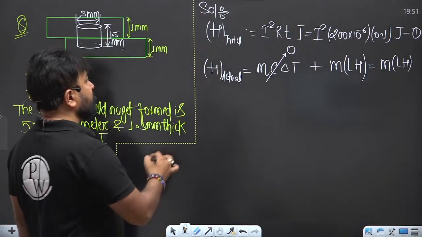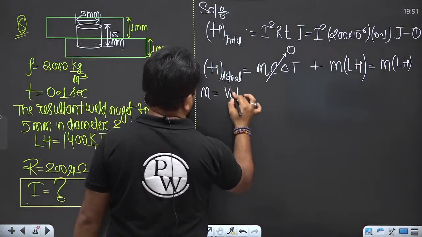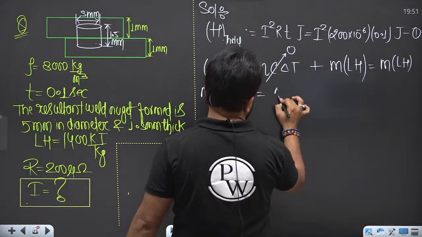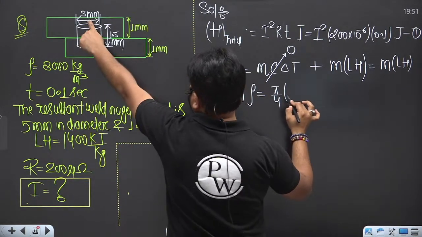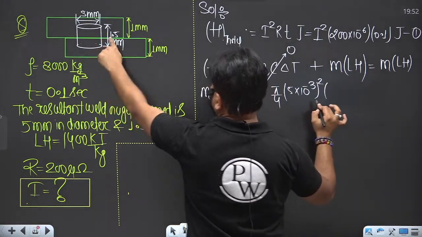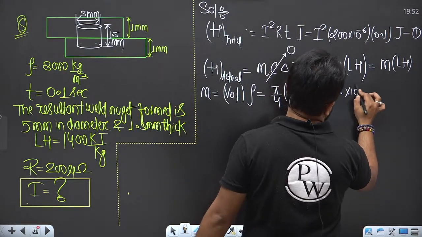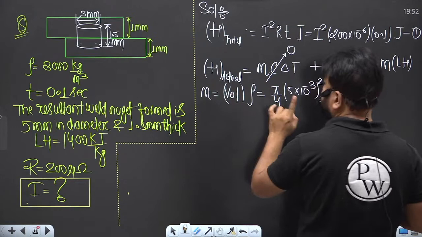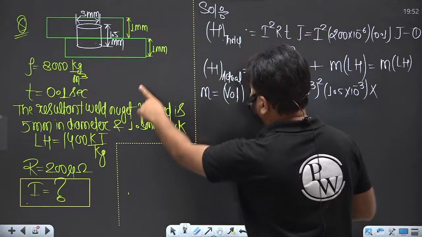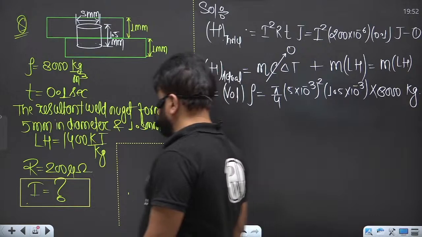So first of all, we have to figure out the mass of the nugget. The mass of the nugget is the volume times the density. Volume is pi by 4 times 5 squared times the height, 1.5 times 10 to the power minus 3, times the density, 8,000.